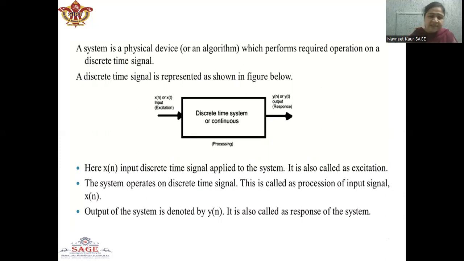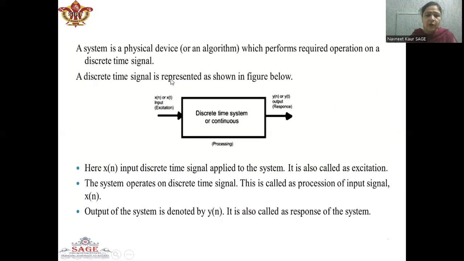In this figure, we can see that this processing unit is a discrete time system in which input x[n] or x(t) is given. x[n] is the discrete input and x(t) is the input to the continuous time system. This input is also known as excitation.